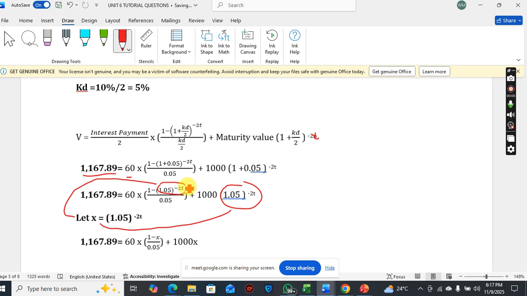So our equation became like this now: 60 times 1 minus x over 0.05 plus 1000 times x. So you have to do a substitution so that you make your life easier.